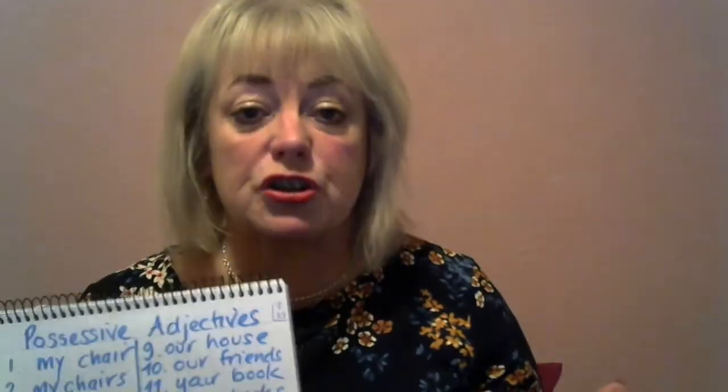Okay, now what we're going on to now are possessive adjectives. Again, these are all long words, aren't they? Sometimes people will hear words like that and think, oh my God, possessive adjective, it's too scary. But basically, all a possessive adjective is, is a word that describes who something belongs to.